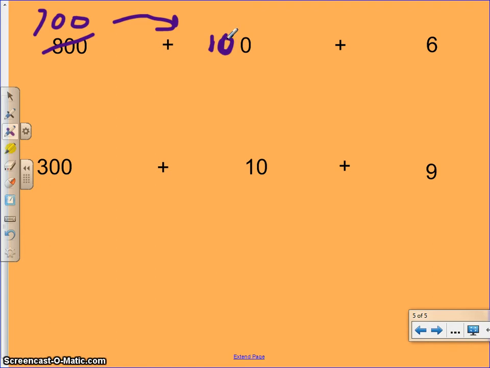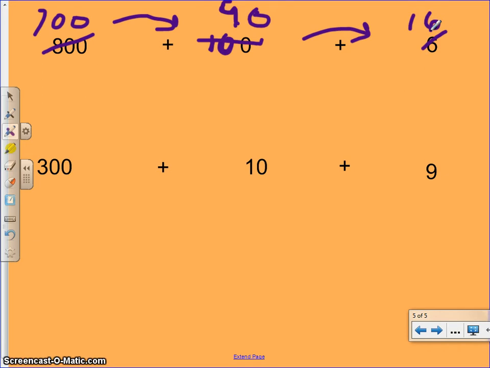But again, I still have to get enough ones in my ones place to subtract 9 from. So I regroup again, turn my 100, I borrow 10, so it becomes 90, or 9 tens. And I put that 10 back into my ones place and turn my 6 into 16 by adding 10 to it.